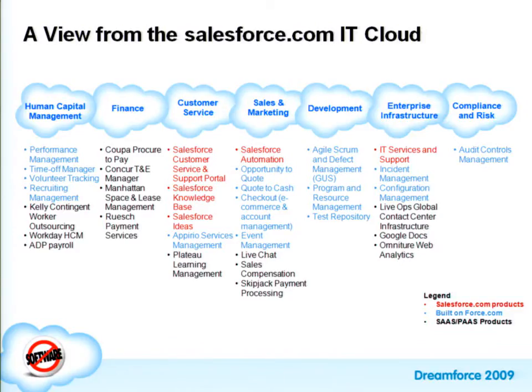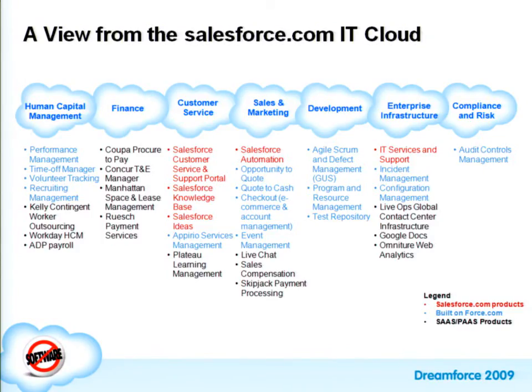The applications that are in red, those are our own implementation of the Salesforce.com product. Salesforce automation, that's what we run our business on. I would say we drink our own champagne. That's how I would put it. And there are other examples also in there, like customer service portal and knowledge base, etc. The applications in blue are all built on the Force.com platform.